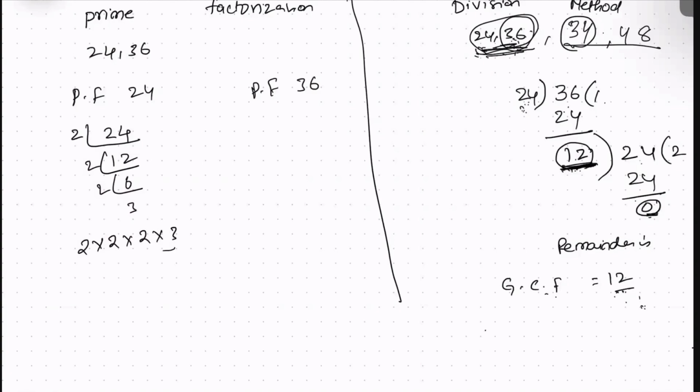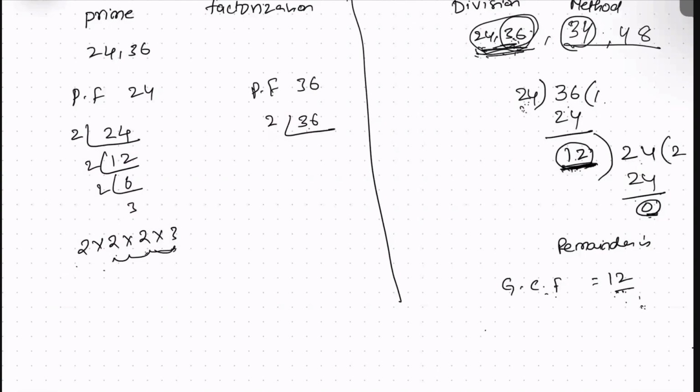If you multiply all the factors, it equals 24. 3 times 2 is 6, 6 times 2 is 12, 12 times 2 is 24.